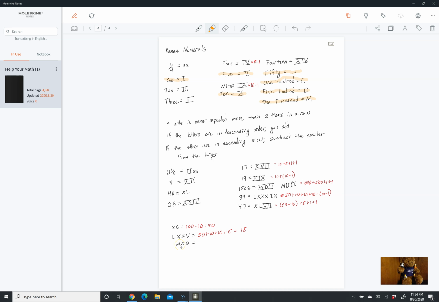So we have a 1,000. And then I'm not sure if I said 50. If I said 50, I meant 500. So then we have a 500 here that comes after an X. So that tells us that we're going to subtract the X. So this is 1,000 and then plus 500.